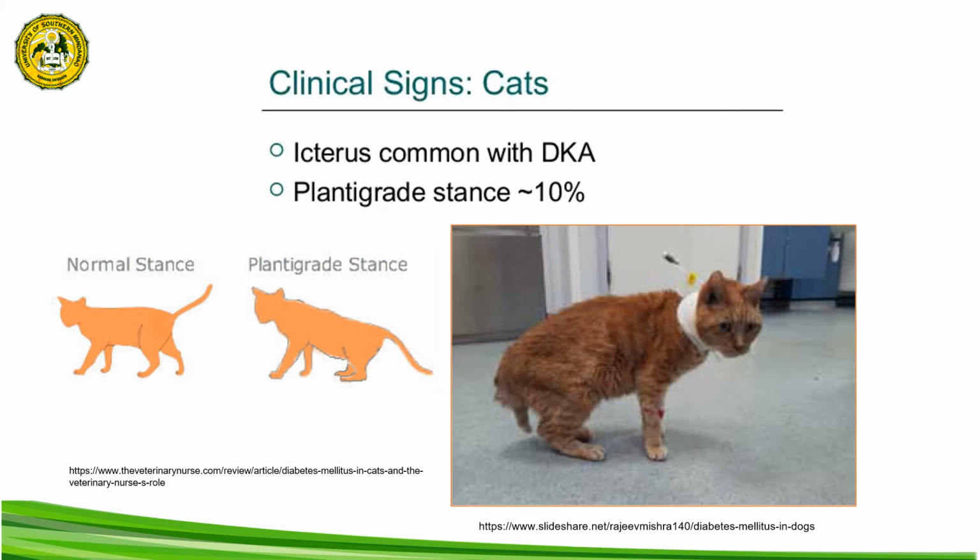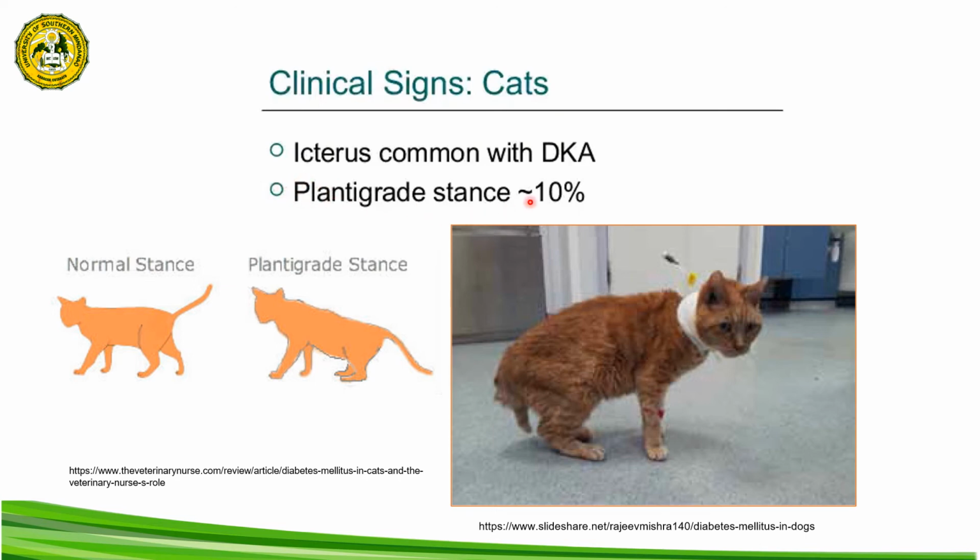Diabetes mellitus is also common in cats. In cats, most are subdued, have a coarse, dry coat, and lumbar muscle mass loss. Some diabetic cats present with generalized weakness, while others have a plantigrade stance. 10% of cats having diabetes exhibit a plantigrade stance.